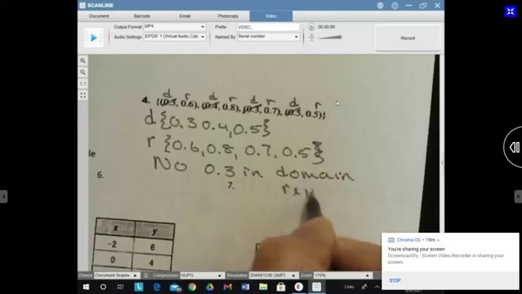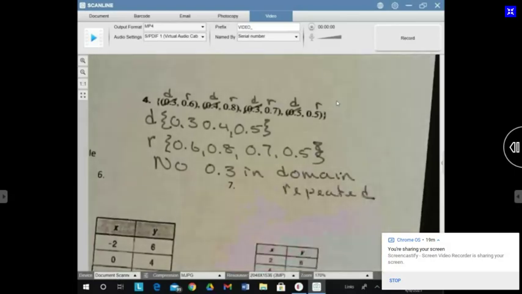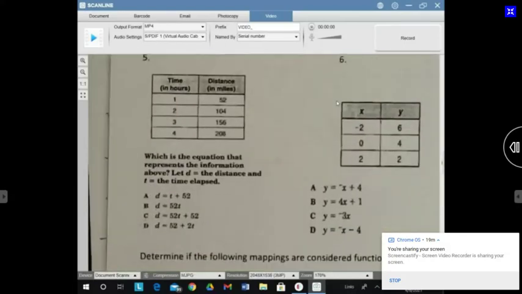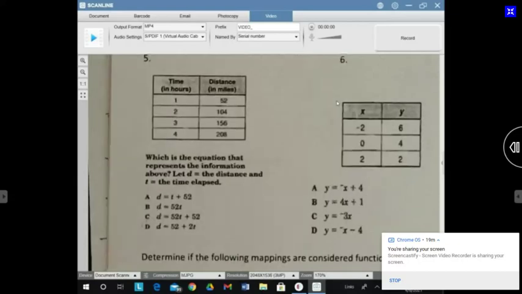All right, I wanted to do a couple of these tables. Remember, you just got to plug in. You're plugging in, and if it says true, you keep going. If it's not true, you throw it away.